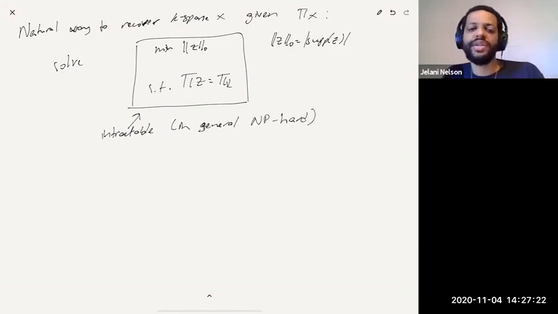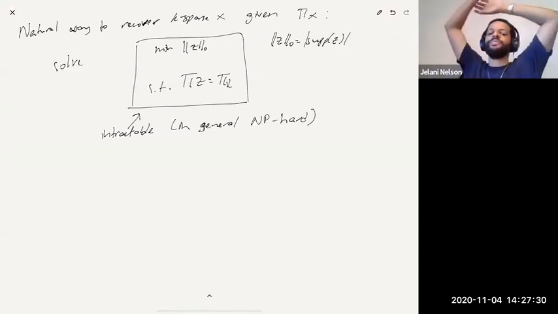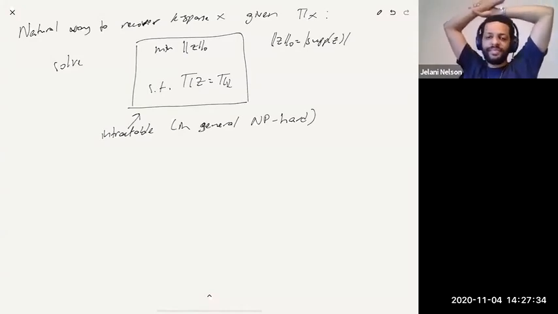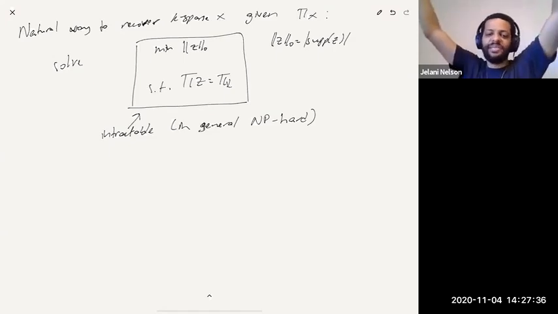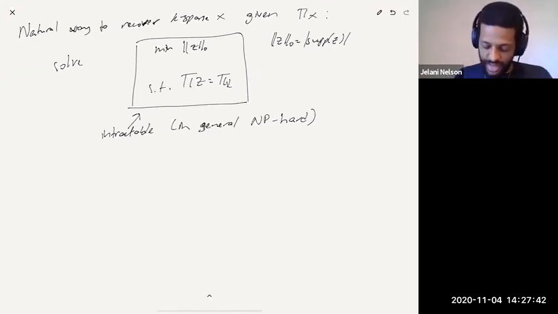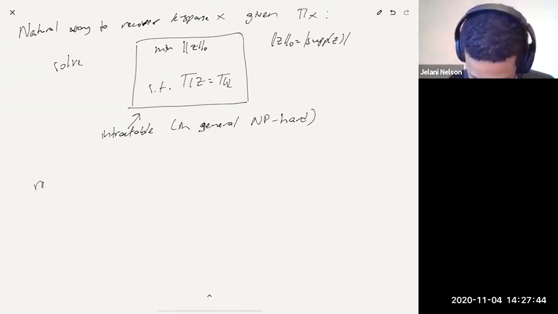Finding a solution of a linear system with minimum support size is an NP-hard problem. It's actually one of the first discovered NP-hard problems. There's this compendium of NP-hard problems from Garey and Johnson back in I think 1979, and it's in that compendium. So it's one of the first problems known to be NP-hard. So what you do is you relax, and instead of minimizing the L0 norm, you minimize the L1 norm.